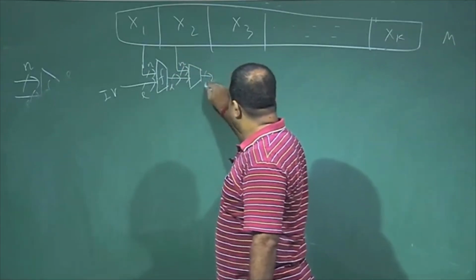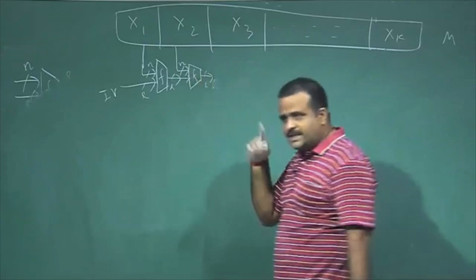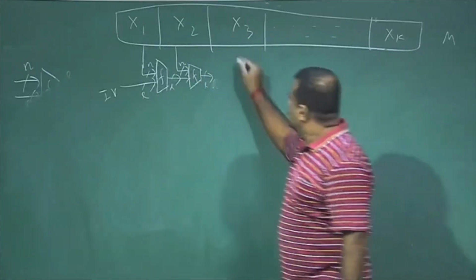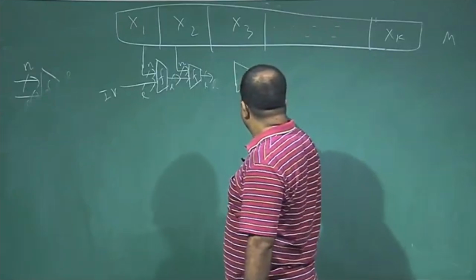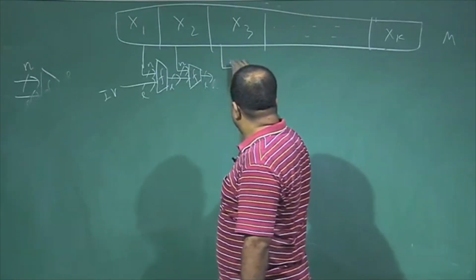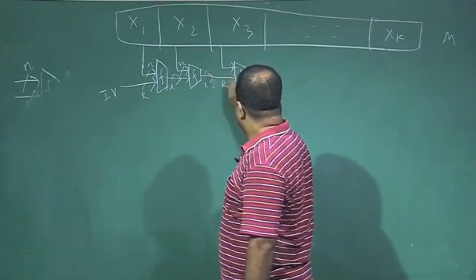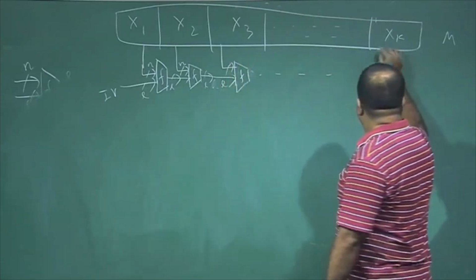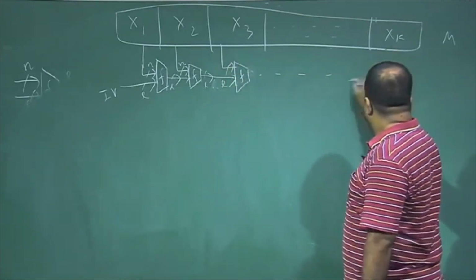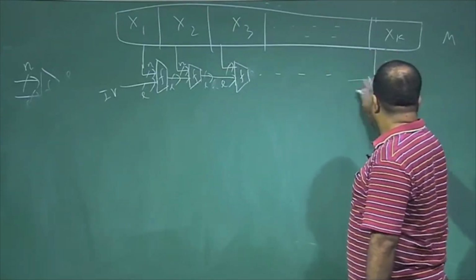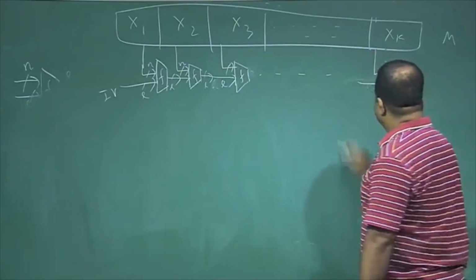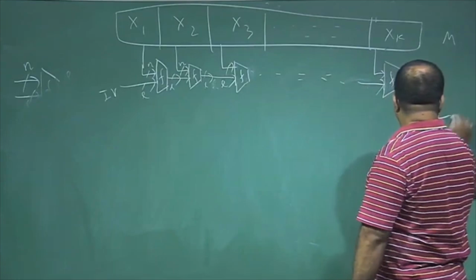So, this is the f function, a repeated application of the f function. Again we do like this. Again this is f, this is one input and this is another l bit, like this we continue until the last block.